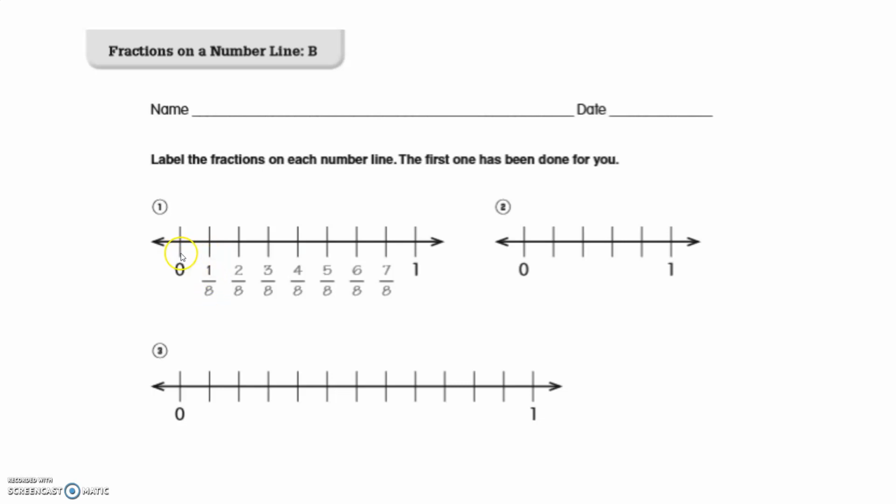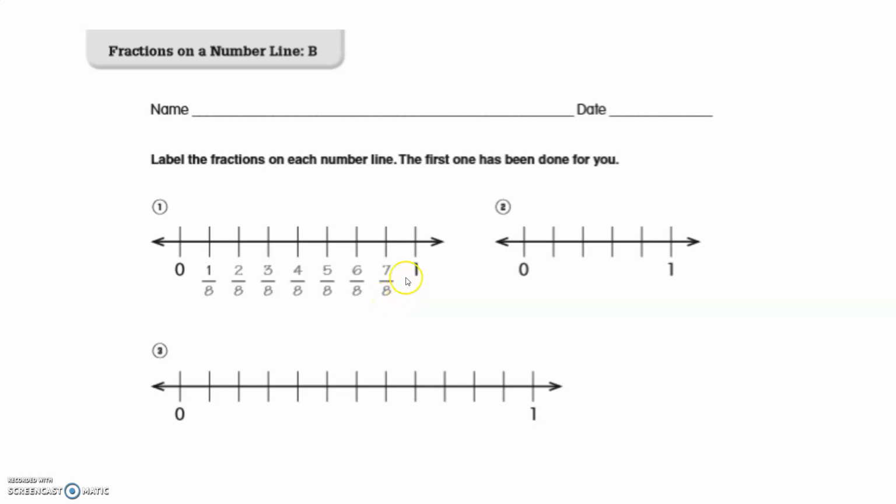From here, 0 to here is 2/8. 0 to here is 3/8. 0 to 4 here is 4/8. 0 to here is 5/8. 0 to here is 6/8, and 0 to here is 7/8.